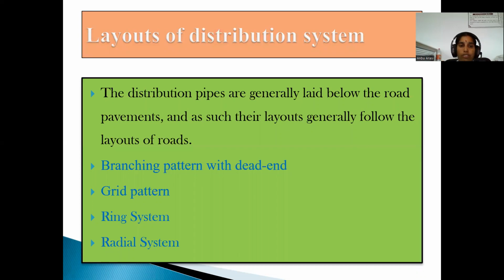Layout of distribution system. The distribution pipes are generally laid along the road pavements, and as such their layouts generally follow the layout of roads. The patterns are: branching pattern with dead end, grid pattern, ring system, and radial system.